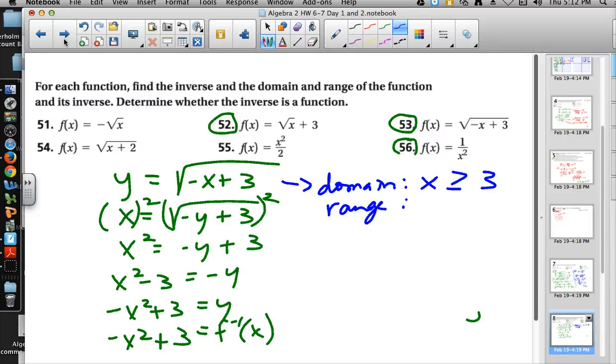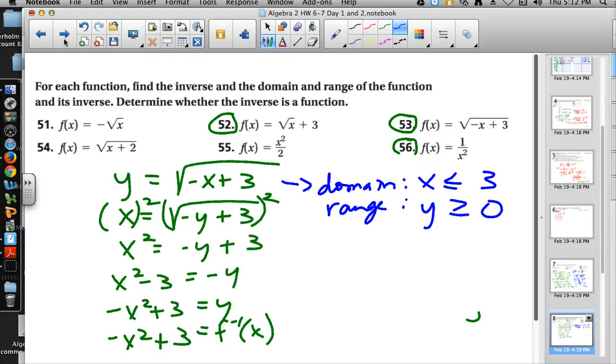So if I put a 4 in there, then it's going to be negative 4 plus 3, and that's imaginary. So I can't go greater than or equal to. It has to be less than or equal to. And if I put 3 and less than 3 in there, well, the smallest number I'm going to get is 0, and it's going to be y is greater than or equal to 0.